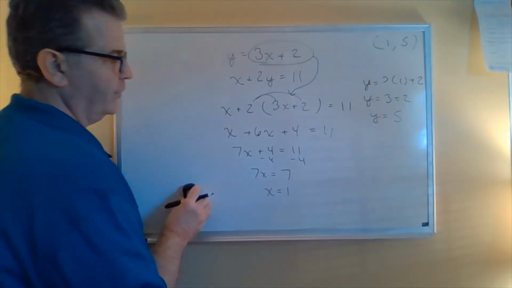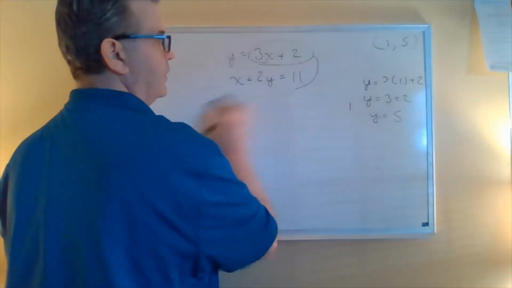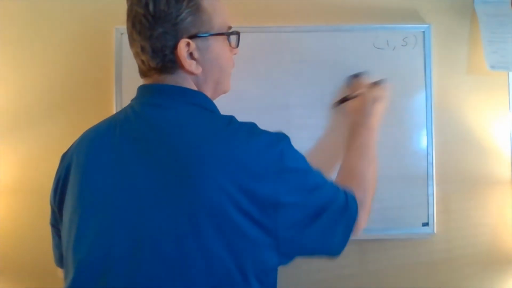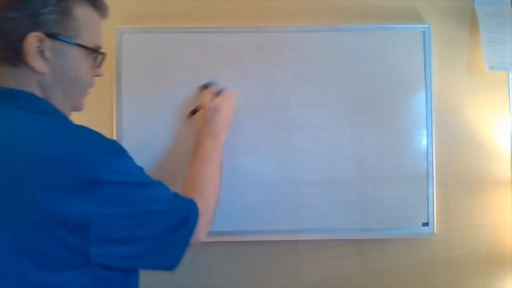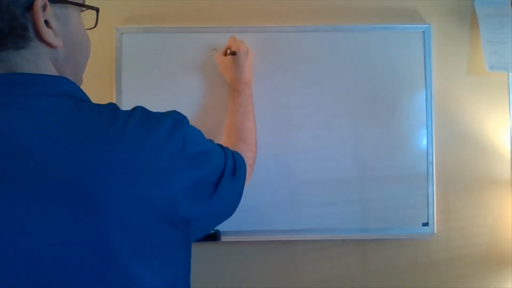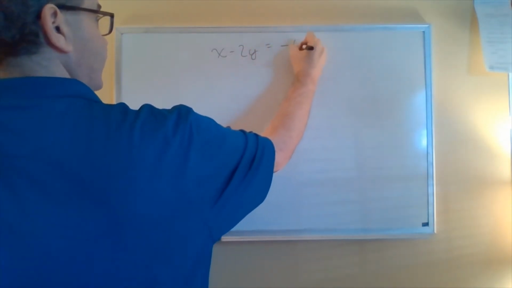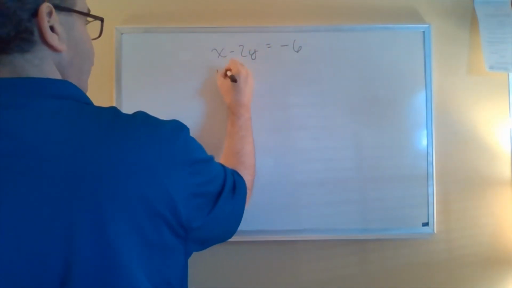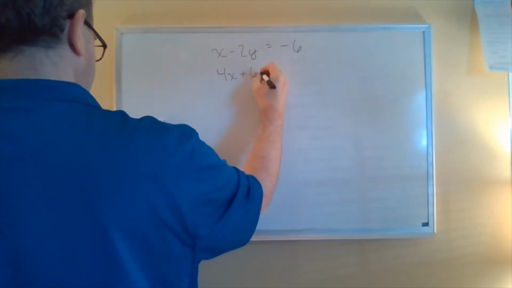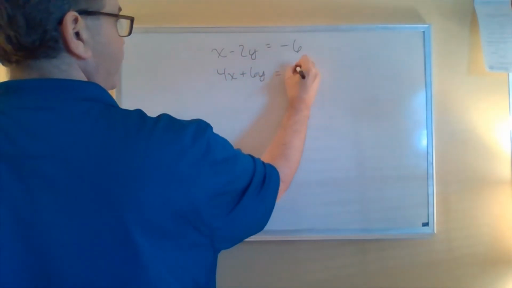Okay, let's look at another substitution problem. We'll look at the problem x minus 2y equals negative 6, and we have 4x plus 6y equals 4.